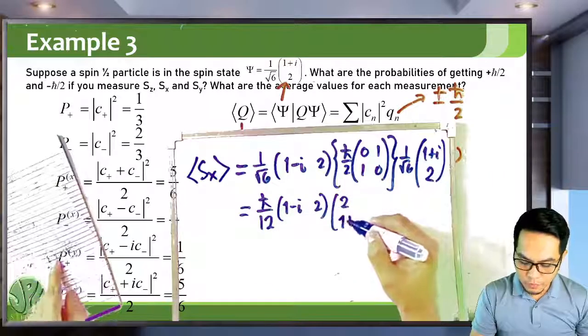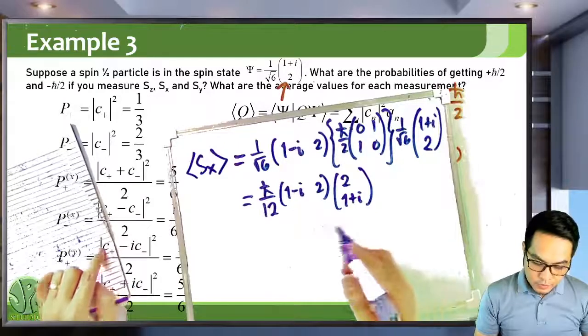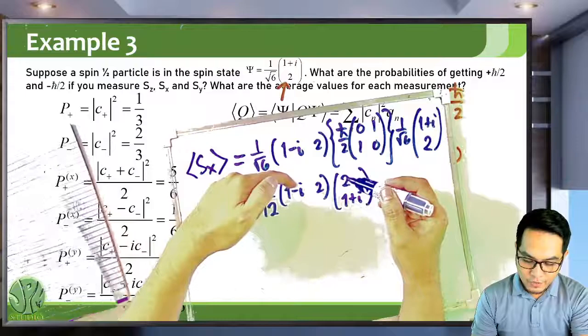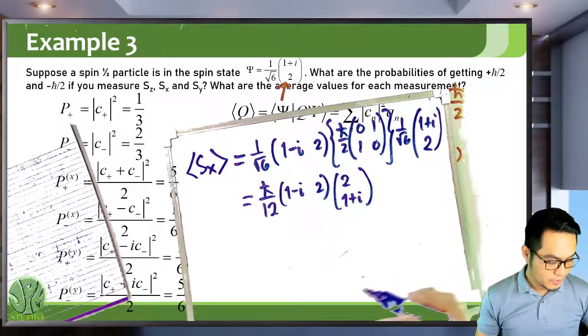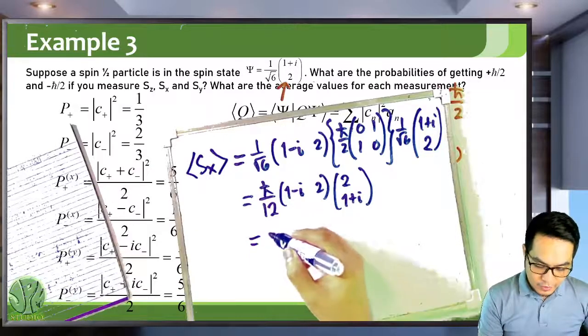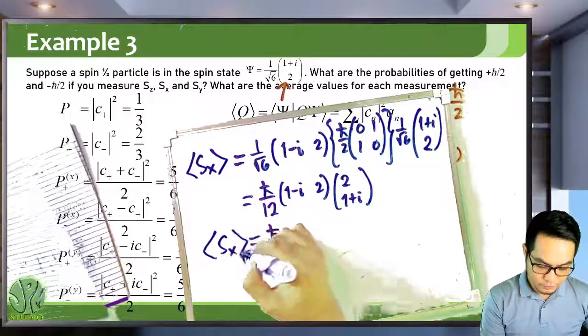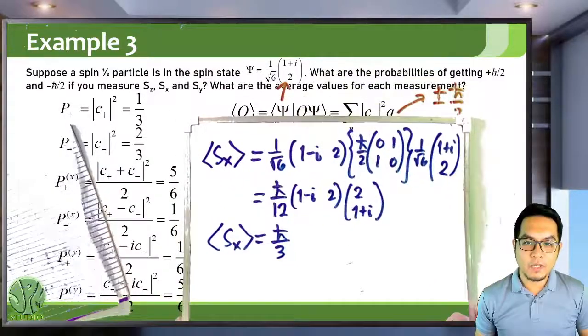So 2, 1 plus I. So you multiply this, you have 2 minus 2I over 2 plus 2I, and you will actually get h bar over 3. That is using the inner product formula.